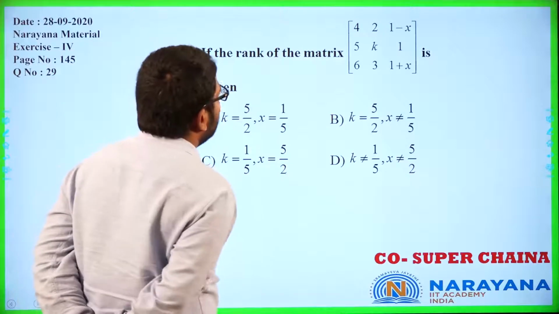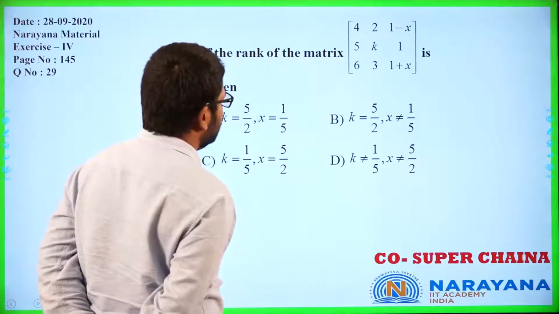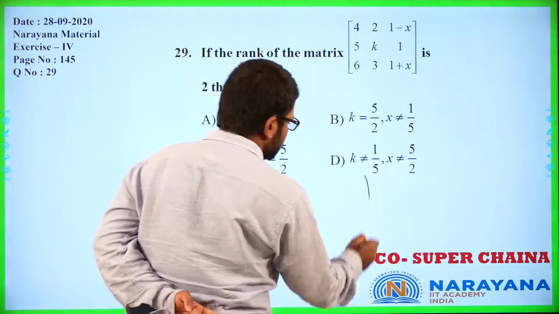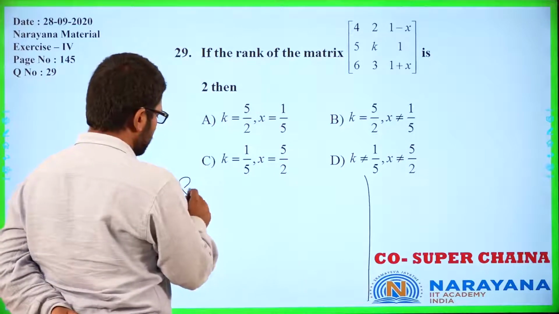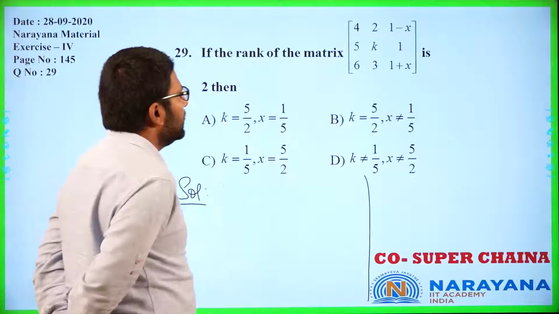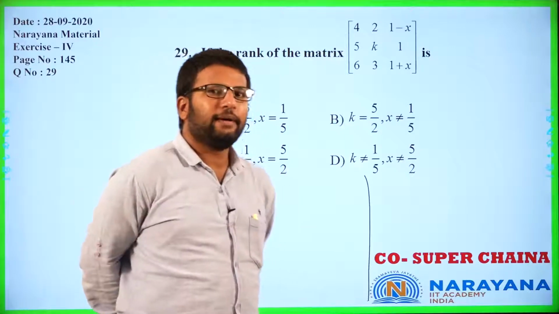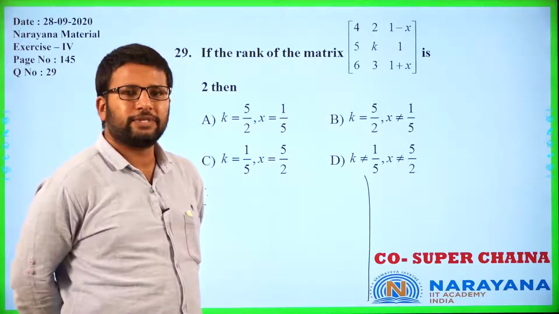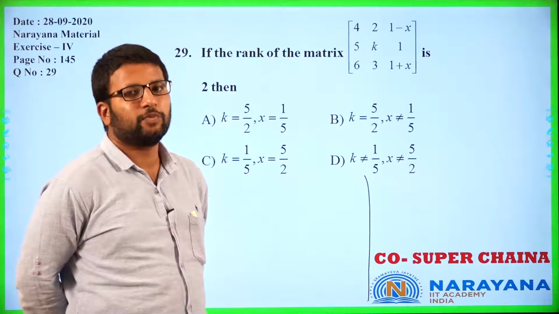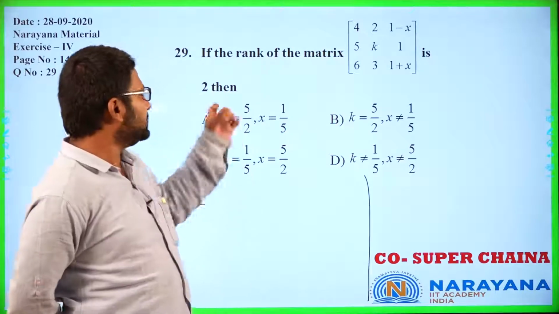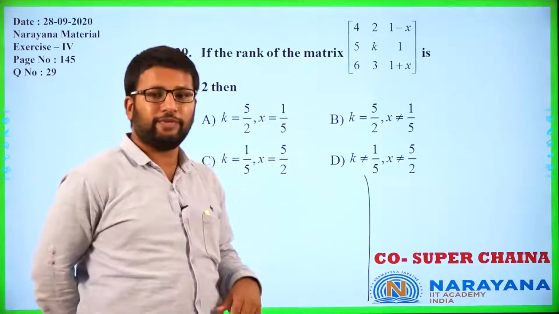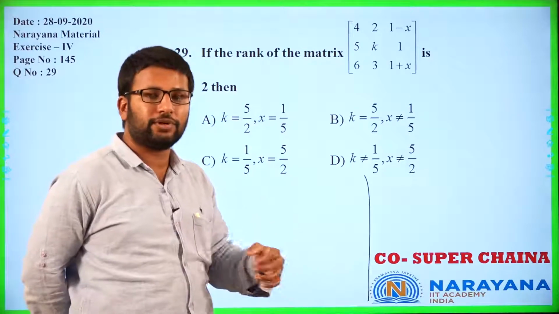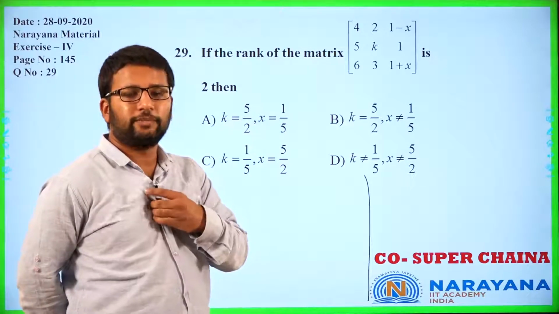Alright, if the rank of this given matrix is 2, then, okay, this question is slightly more intriguing. It would be a bit complicated to solve this question by determinants. Why? Because rank is given to be 2, the order of the matrix is 3. So we know definitely for sure that the determinant is going to be 0.